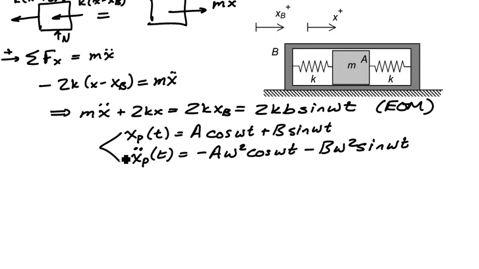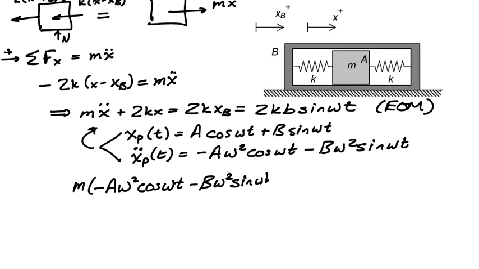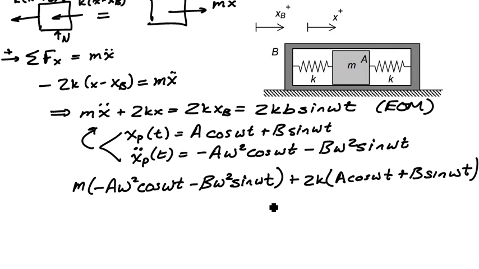If I then take both of these results and substitute them back into the equation of motion, I'll have m times quantity minus A omega squared times the cosine of omega t minus B omega squared times the sine of omega t, sorry about that, plus 2k times quantity A times the cosine of omega t plus B times the sine of omega t is going to equal 2k times little b times the sine of omega t.